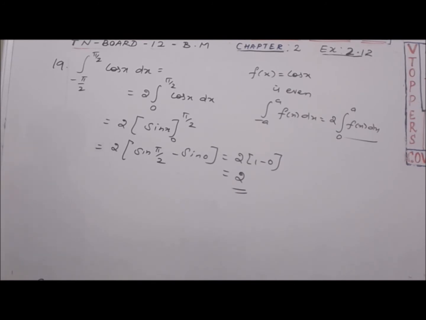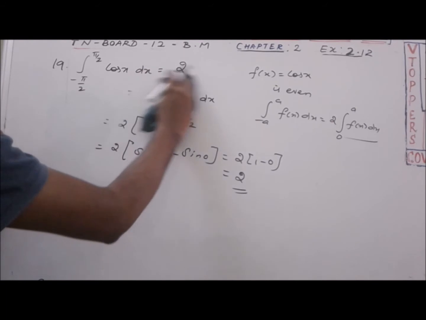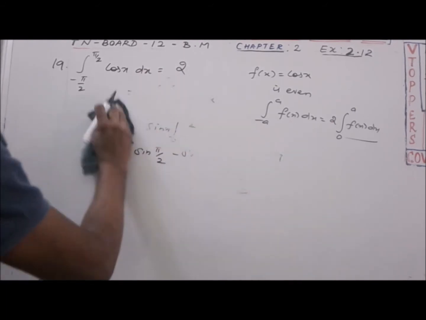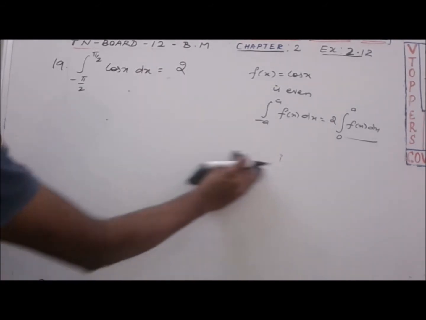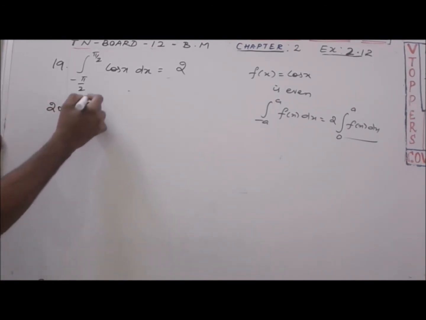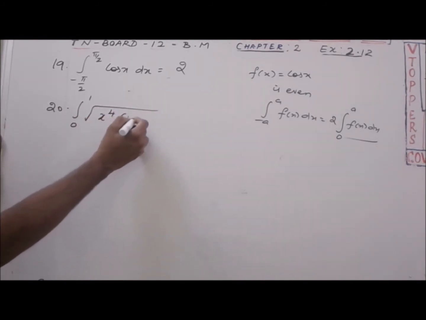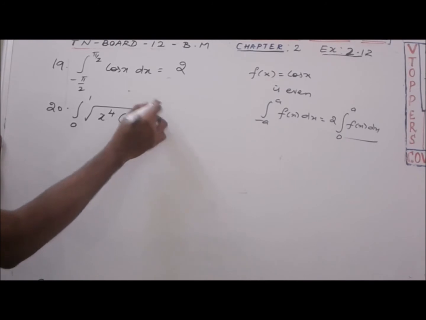And question number 20 here. Given integral limit 0 to 1 root of x power 4 into 1 minus x whole square into dx.